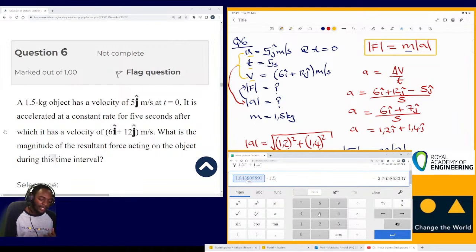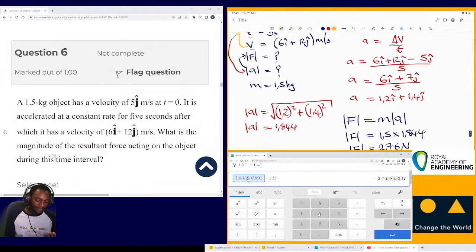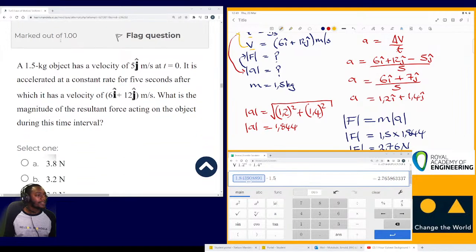So we calculated the acceleration, then we realized the acceleration is in the i and also in the j. Then we calculated its magnitude, or the resultant of the contribution of i and j. We found the acceleration, we found the magnitude of the acceleration, then after that we found the resultant force. So basically that is what we did on question 6.